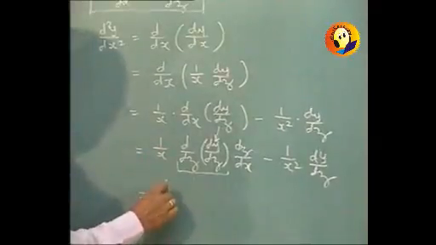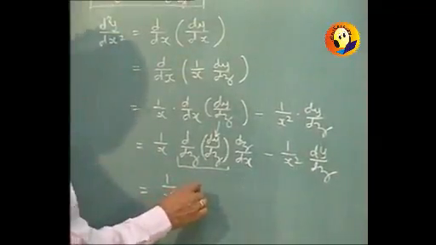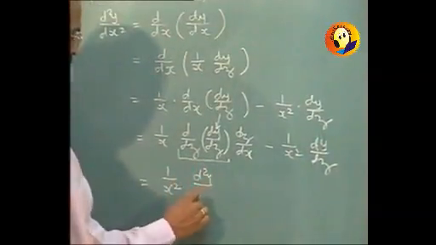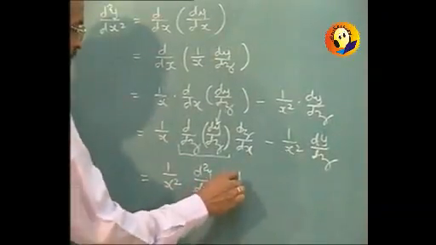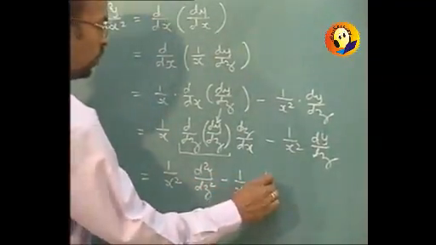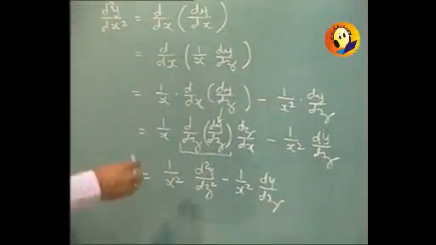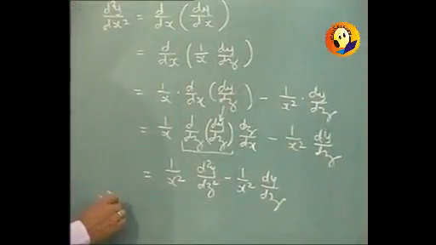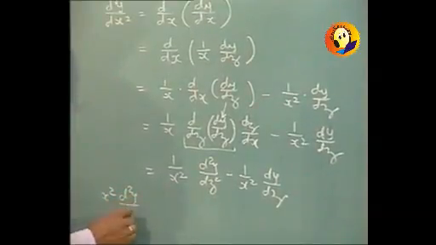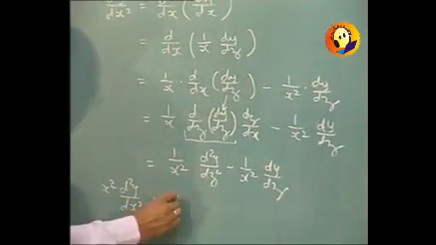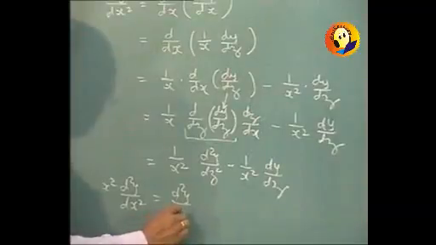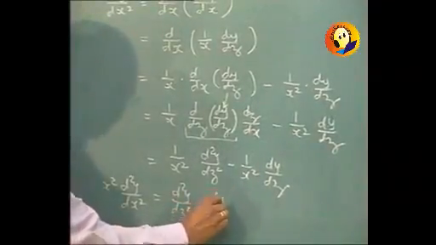So ultimately it will come out to be 1 upon x square into d2y by dz square minus 1 upon x square into dy by dz. And if we multiply throughout by x square, we will get x square d2y by dx square is equal to d2y by dz square minus dy by dz.